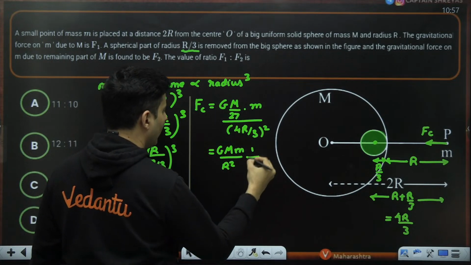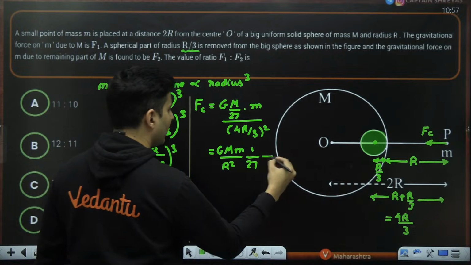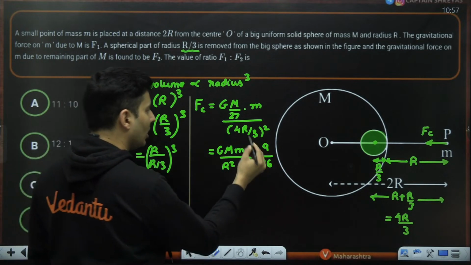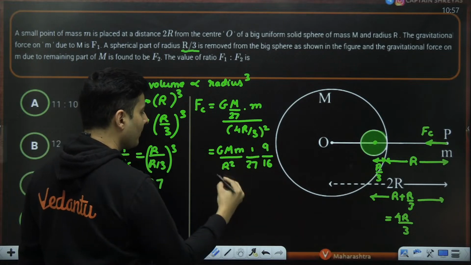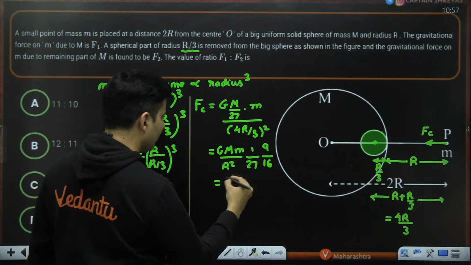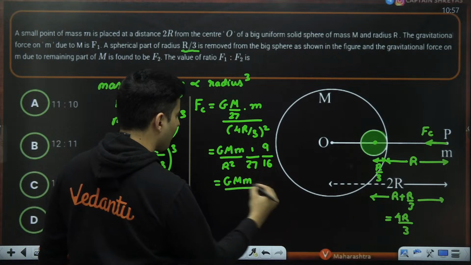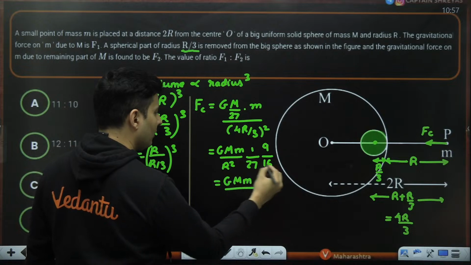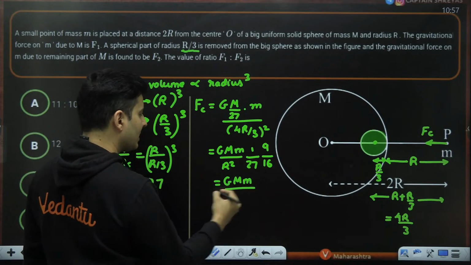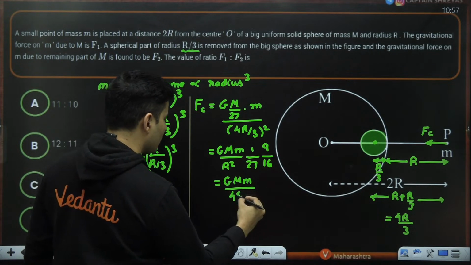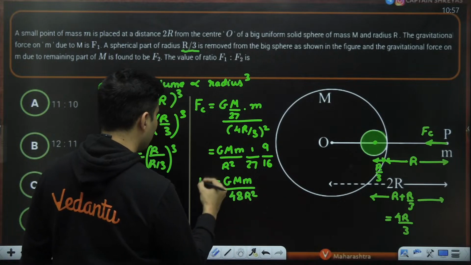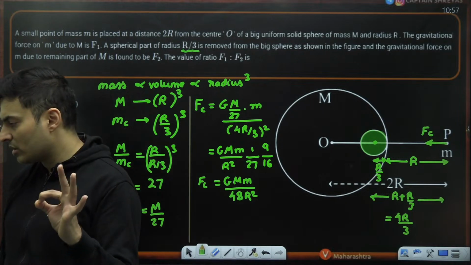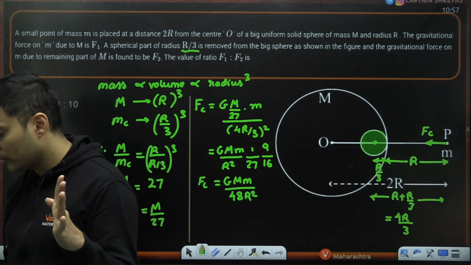We have 1 by 27, 4 square is 16, 3 square is 9, so 9 goes on the top because it will be squared by 3. 9 and 27 will cancel. This will become 3 and this will become 16. 3 into 16 is 48. So GMm by 48 r square is the force because of the cavity alone.